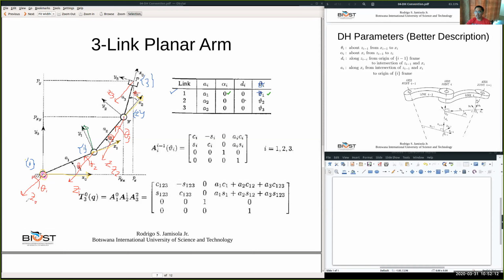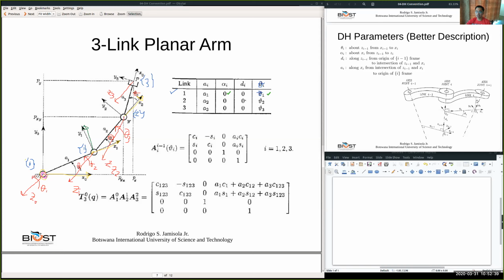So along the z-axis, from that origin to the intersection of z0 and x1. Where is x1? This is x1, and the intersection with z0 is this, which is coincident to the origin of frame 0. And so there's no distance.